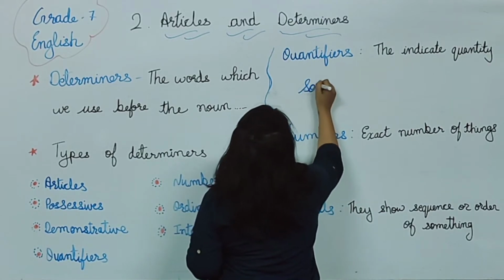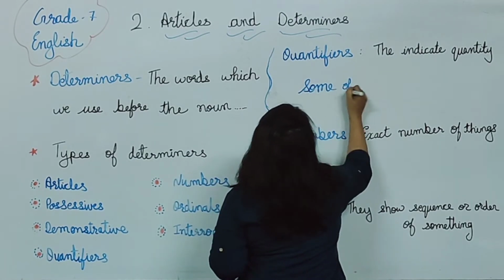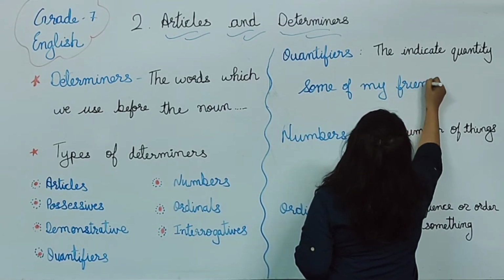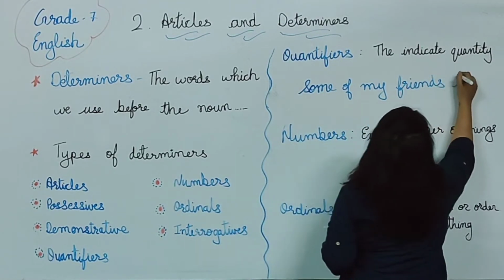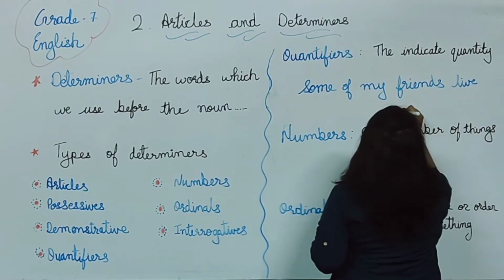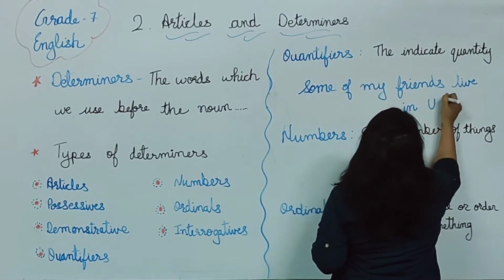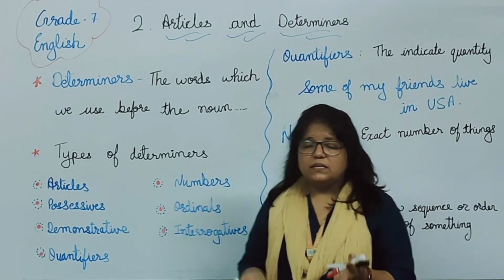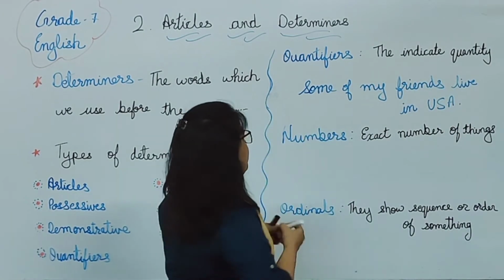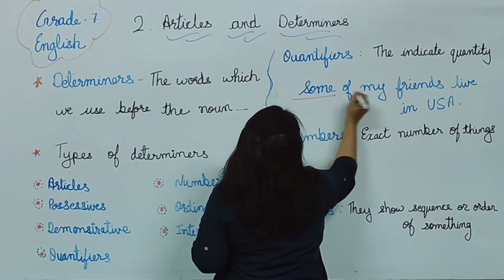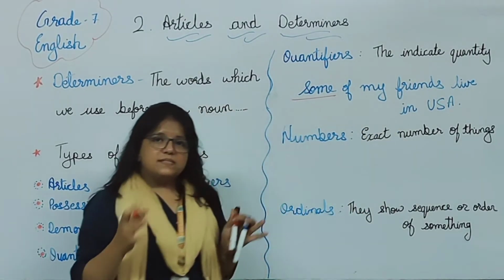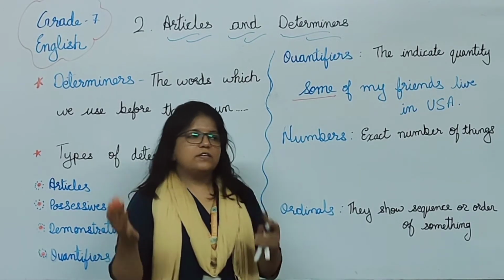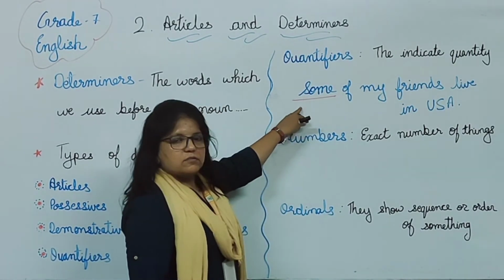I write some of my friends live in USA. Means I am not describing the specific number. यहाँ पे I have used some with my friends. Some means some of my friends. I am not telling the exact number. So that is called quantifiers.